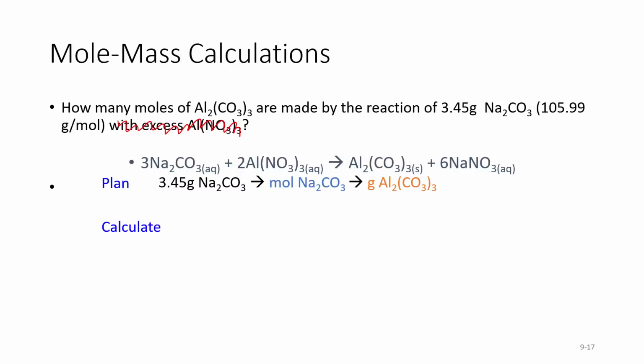Sometimes seeing that in the word problem confuses students. The facts are, it wants to know how many moles of aluminum carbonate are made by the reaction of 3.45 grams of sodium carbonate. So that's the direction we're headed in.